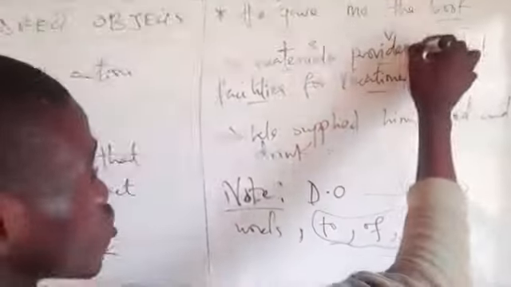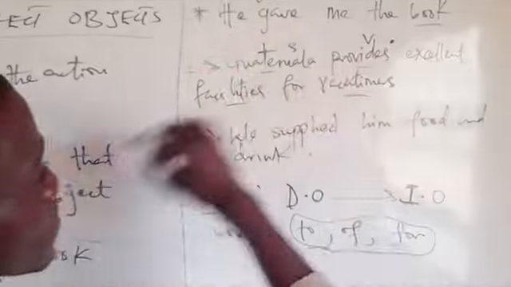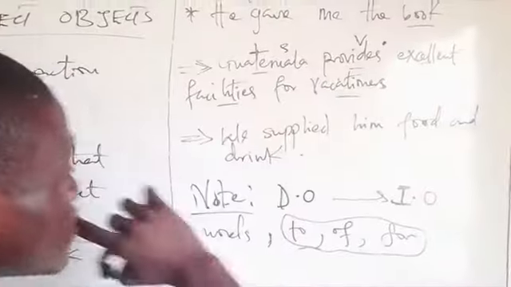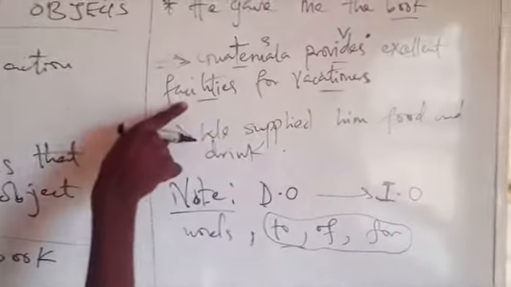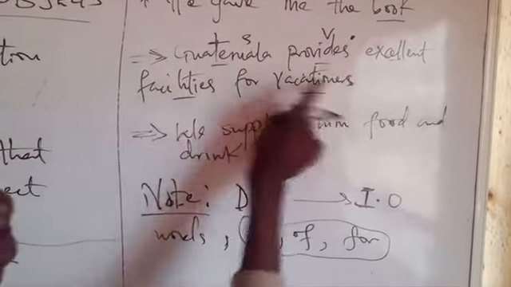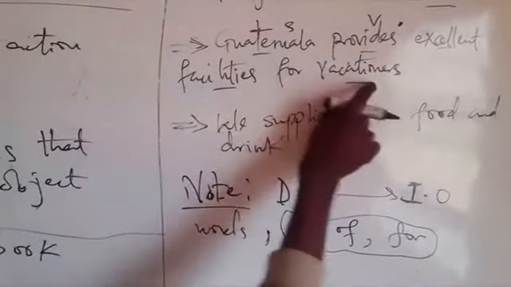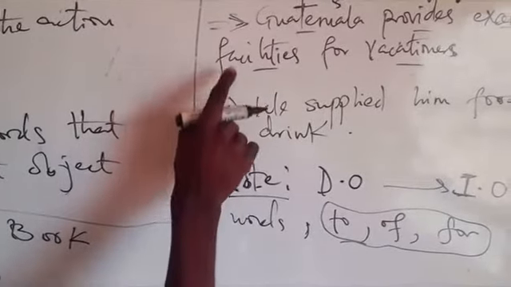But facilities is receiving directly the action, which is what? Provide. Facilities is receiving the action provide. And vacationers is receiving the what? The direct object, which is facilities.